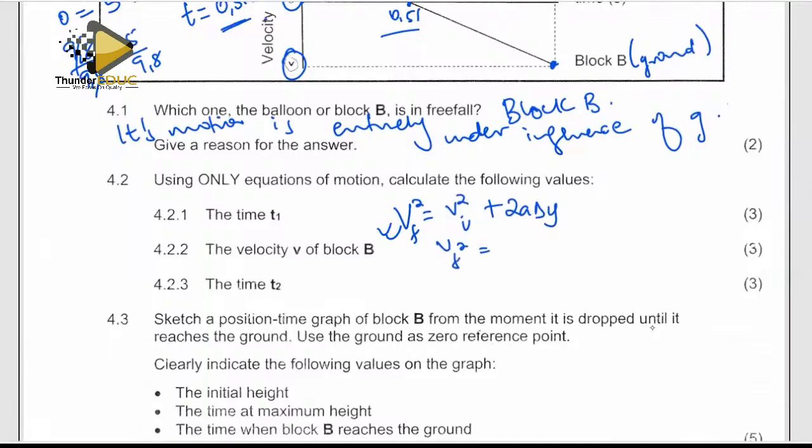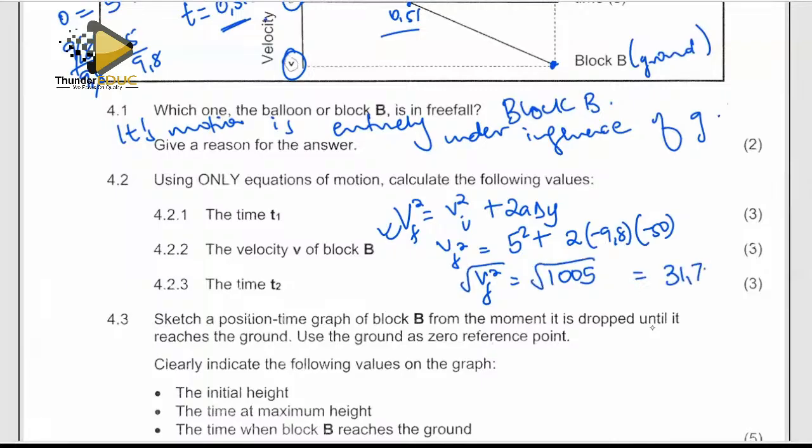So VF squared is equal to the initial, which was 5, so 5 squared, plus 2 multiplied by negative 9,8, and then the displacement is also negative 50. So VF squared gives me 1005. Then when I find the square root of that, I end up with 31,7 meters per second. So V is 31,7 meters per second.